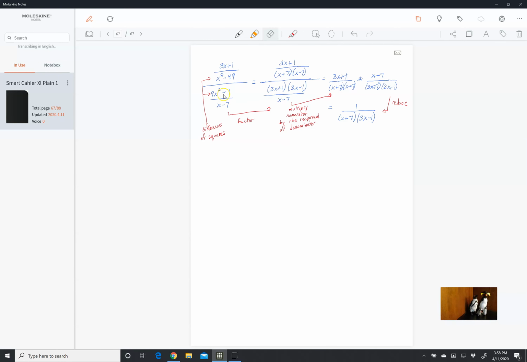We already had one fraction in the numerator and one fraction in the denominator. The purpose of factoring was to reduce.